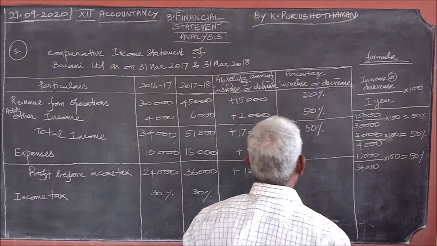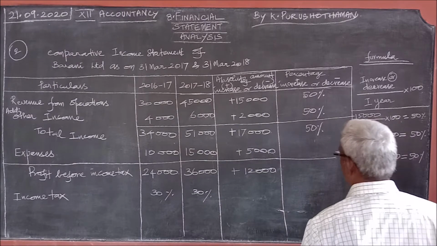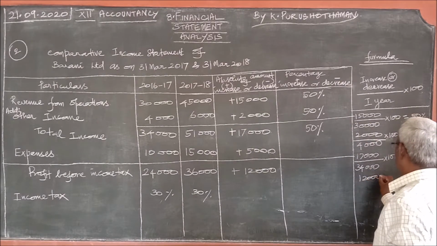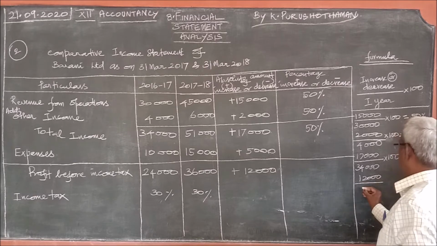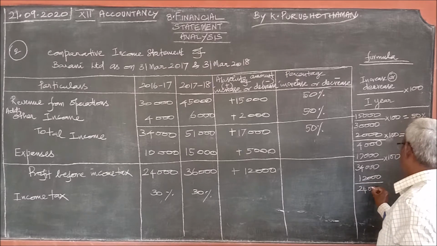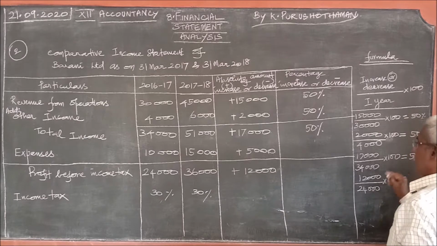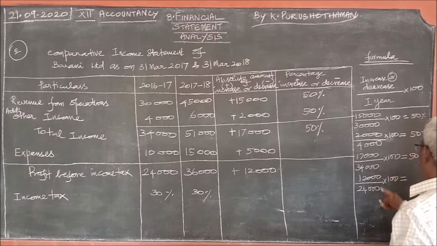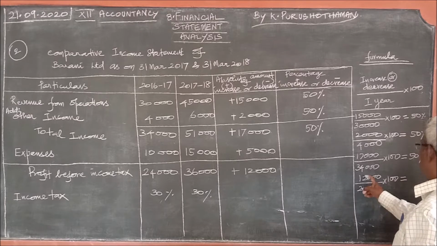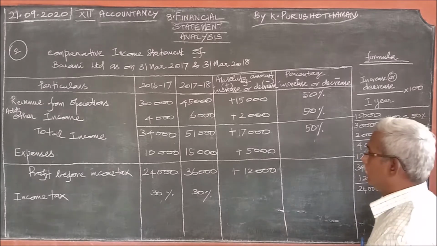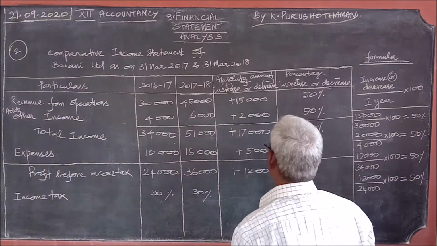So what is the profit percentage? Increase 12,000 by first year profit, that is 24,000, into 100. This is equal to 12,000, 3 zeros cancel, 12 by 24, 100 by 2, 50%. This is also 50%.